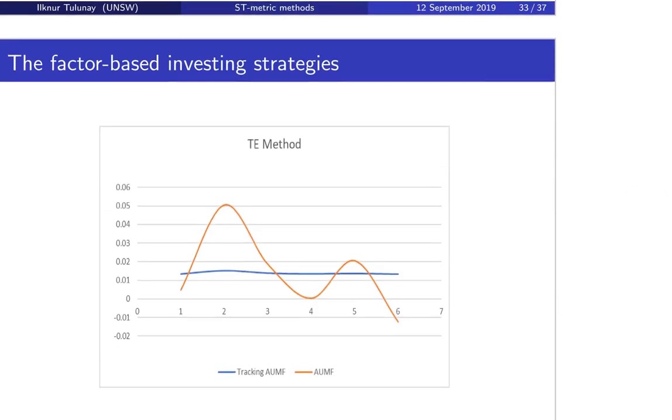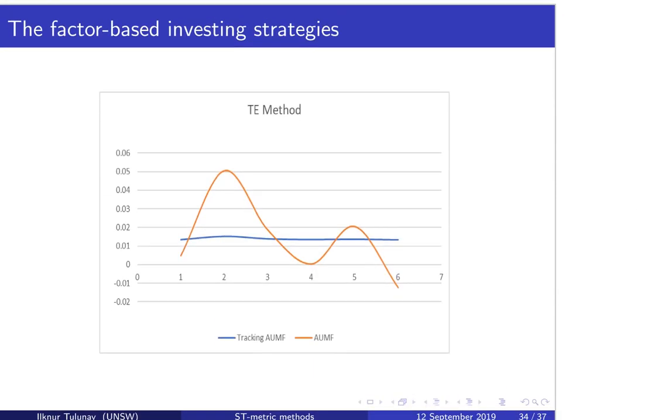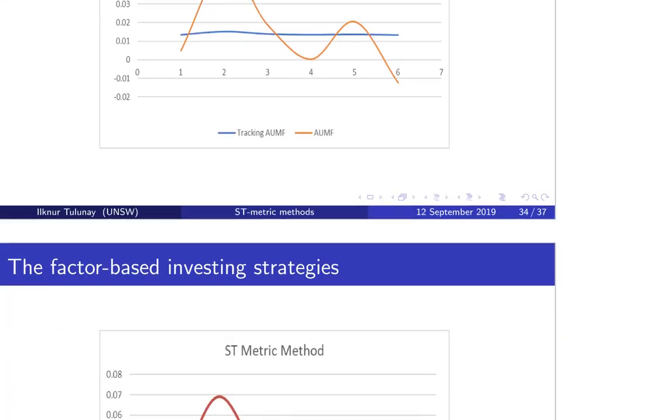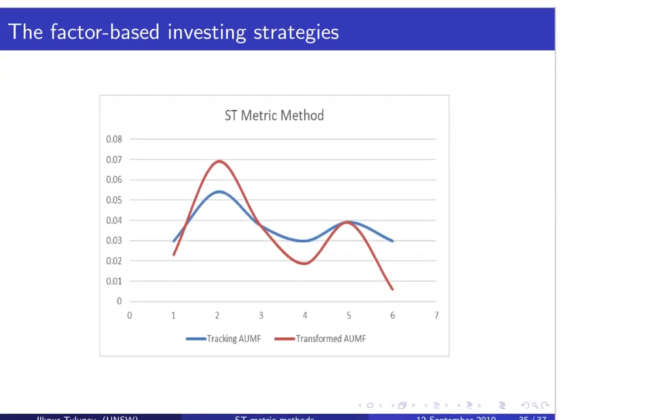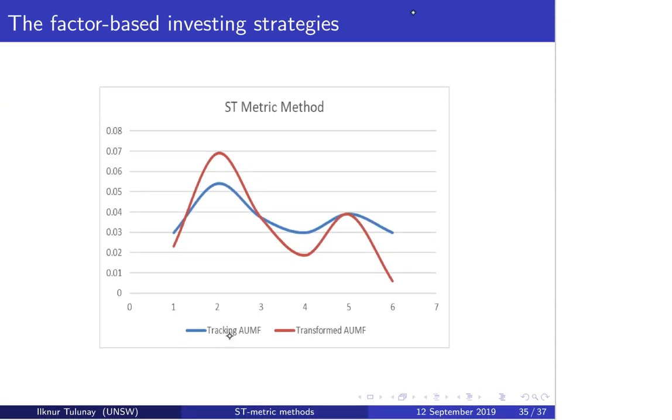This is just one demonstration in terms of graphs tracking the AUMF. The red one is the actual AUMF financial data, and the blue line is the tracking AUMF, showing how it follows using the ST metric.